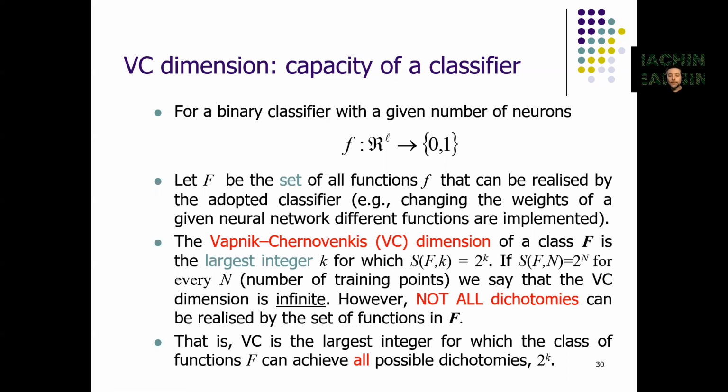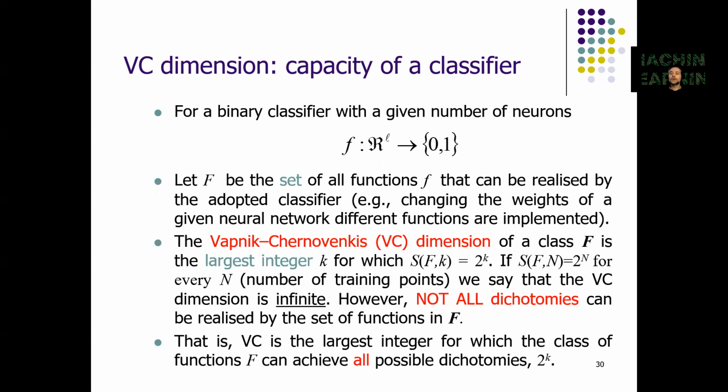So according to the VC dimension, the VC dimension is the largest integer for which a class of functions, F capital, can achieve all possible dichotomies, 2 to the power of k. K is the value of the integer.